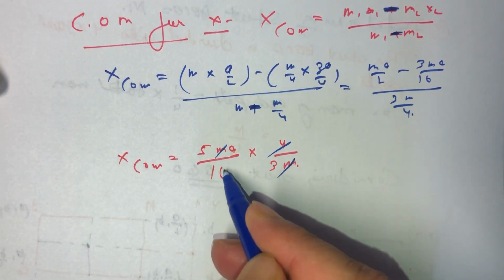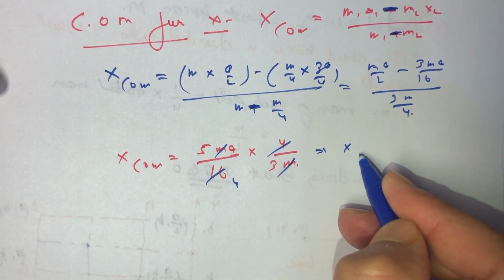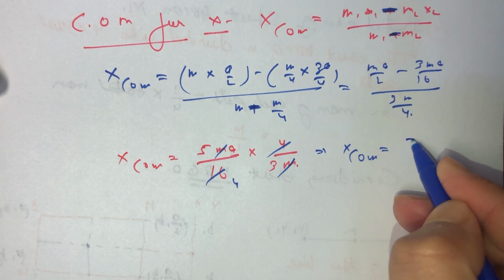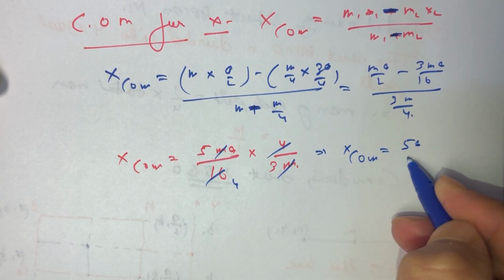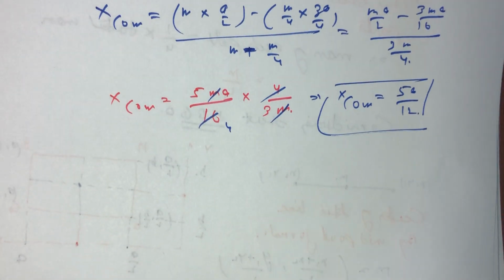M cancels with M and 4 cancels, and we get XCOM equal to 5A by 12.